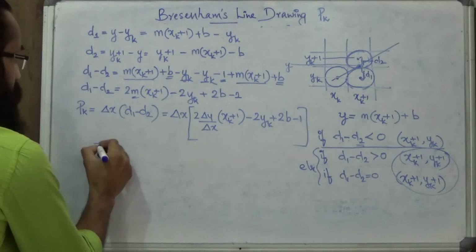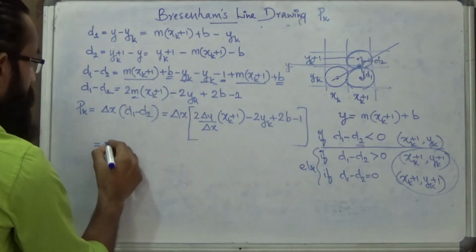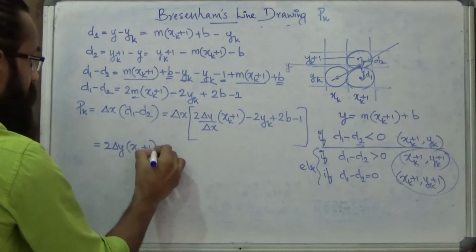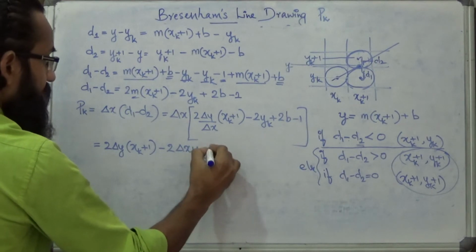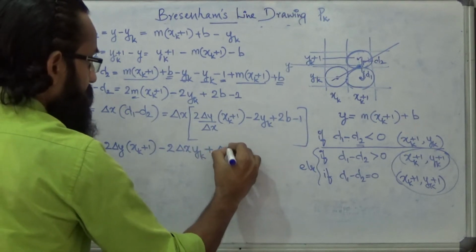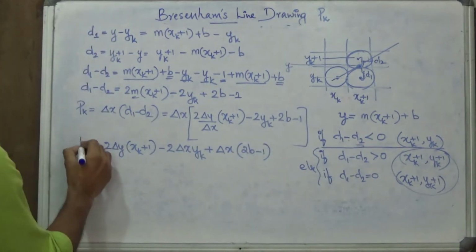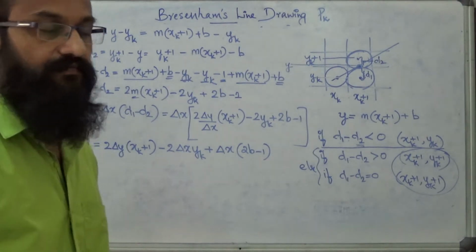So I can multiply it with delta x, so I will be getting 2 delta y (xk+1) minus 2 delta x yk plus delta x into (2b minus 1). So this is our decision parameter pk, that is the decision parameter at kth step.